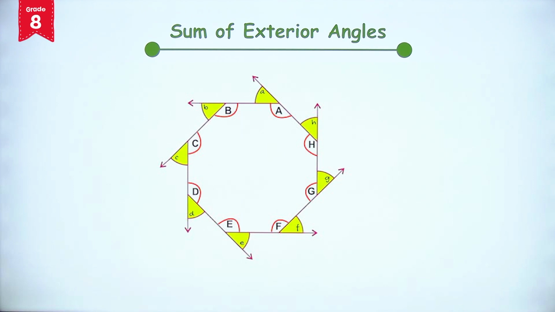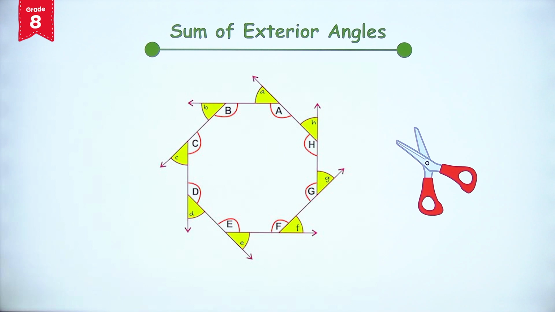Name the corresponding exterior angles marked as small a, small b, small c, small d, small e, small f, small g and small h respectively. Make sure to mark them inside the yellow colored parts as shown here.